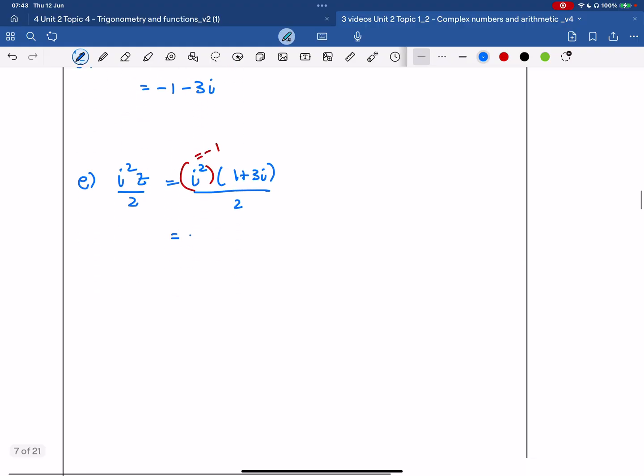So we get negative 1 minus 3i over 2, so it's negative a half minus 3i over 2.